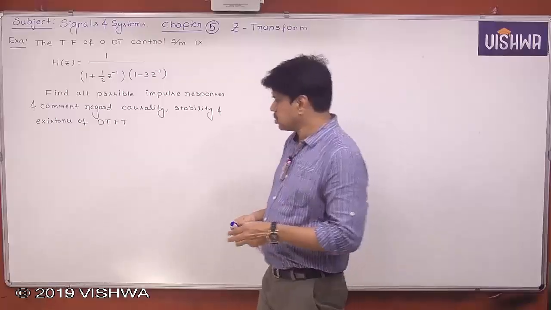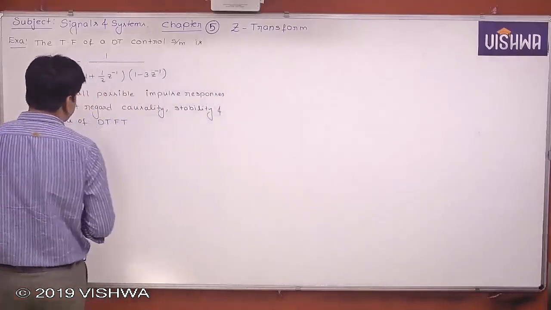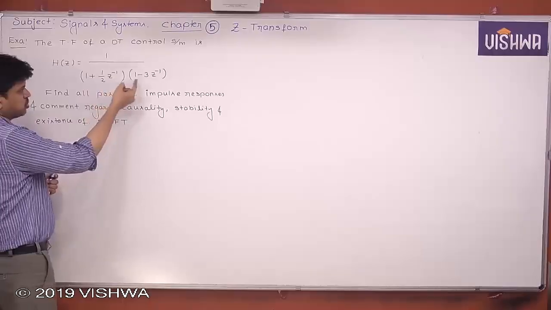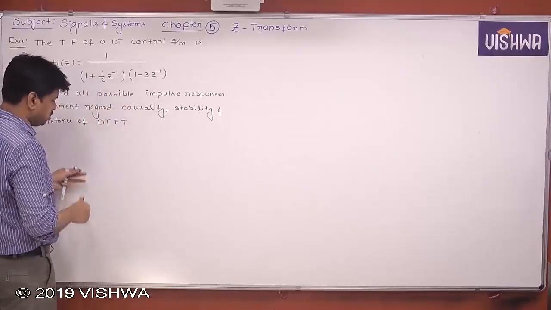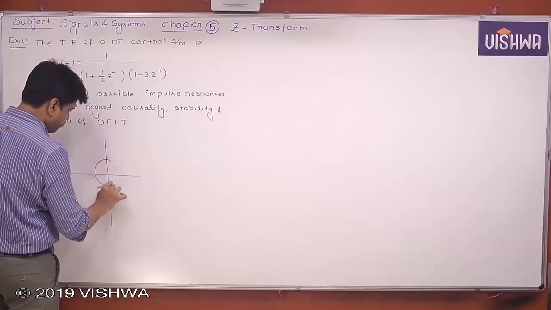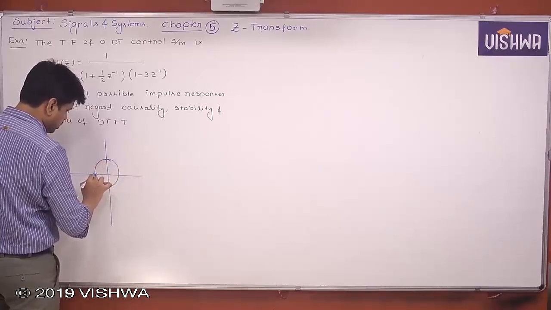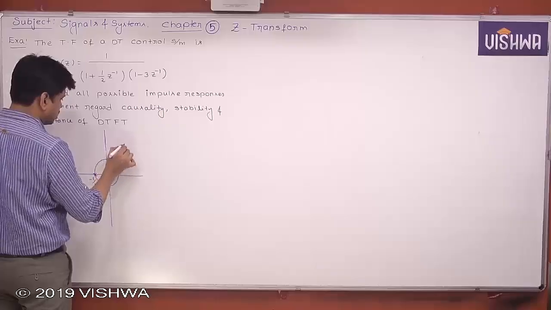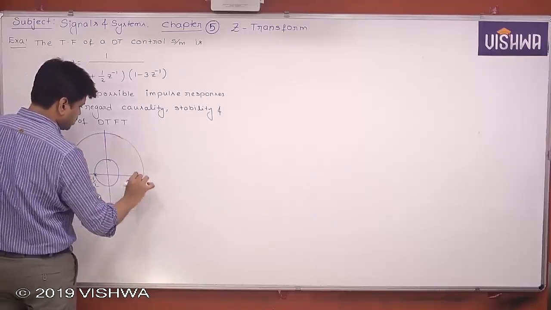Okay. So here, how many poles are we having? Two poles. What are they? One is -2, another one is 3. So for -2 correspondingly this is the circle, and for 3 correspondingly this is the circle.